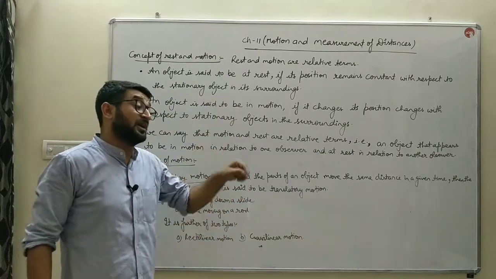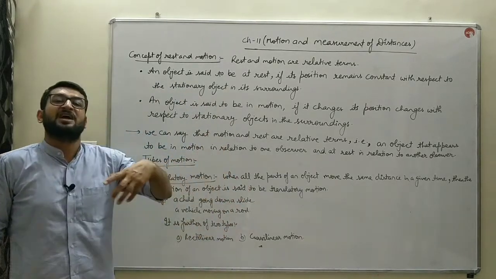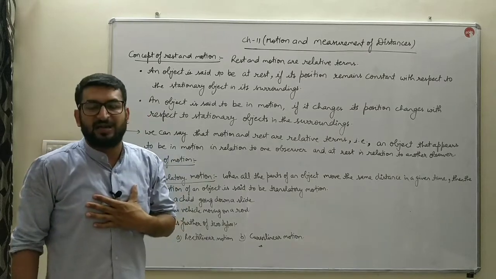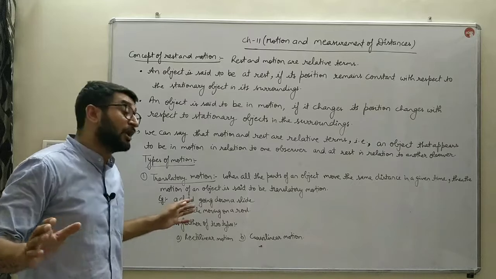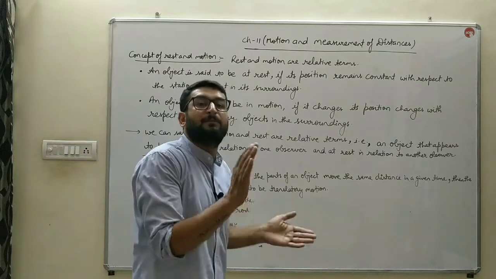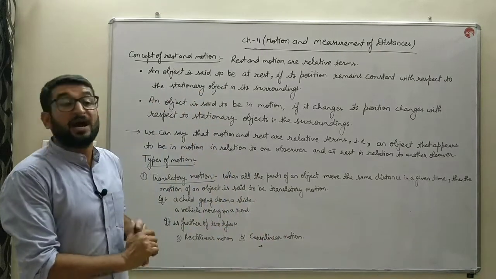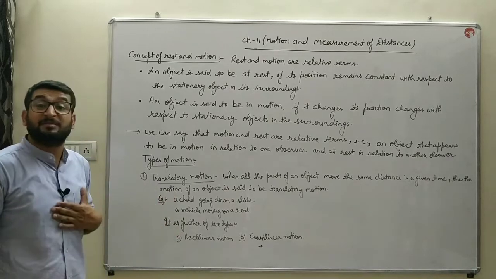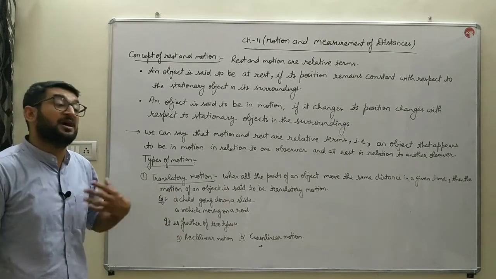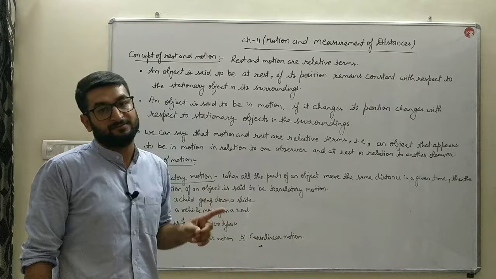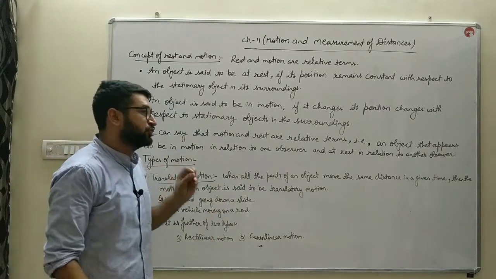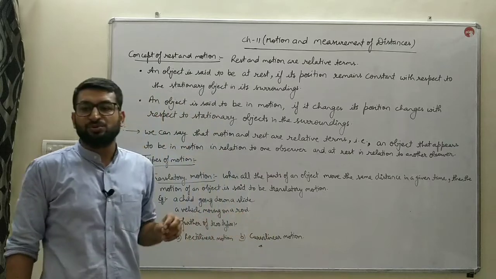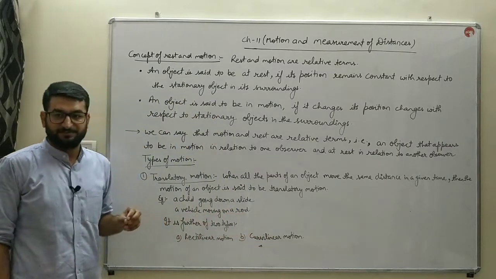But with respect to the car itself, I am at rest. Children, when I am going in a car, I am in motion compared to the outside things, but as soon as we talk about the car, with respect to the car I am not in motion. The distance between me and the car is the same. So that is why we always say that motion and rest are two relative terms.